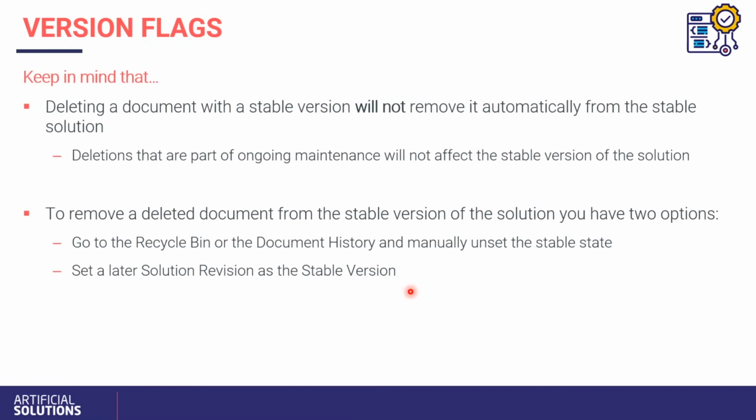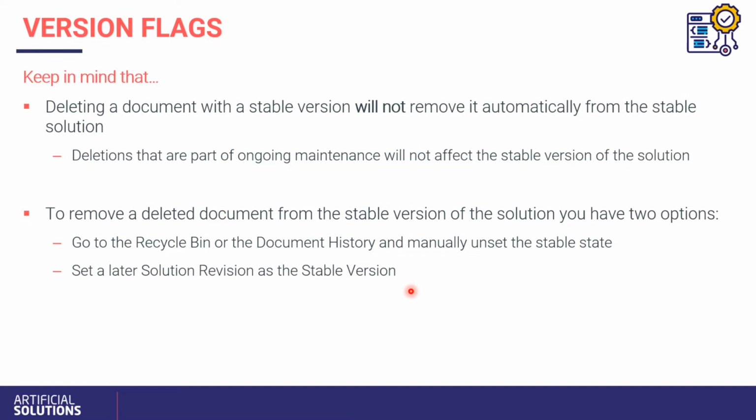Keep in mind that when you start working with these flags, if you delete a flow that has the stable flag activated, then that flow, or language object for that matter, will not be removed from the pack of stable documents. So you can be in the middle of a maintenance process and say, oh, actually this document should be deleted, so you delete it.